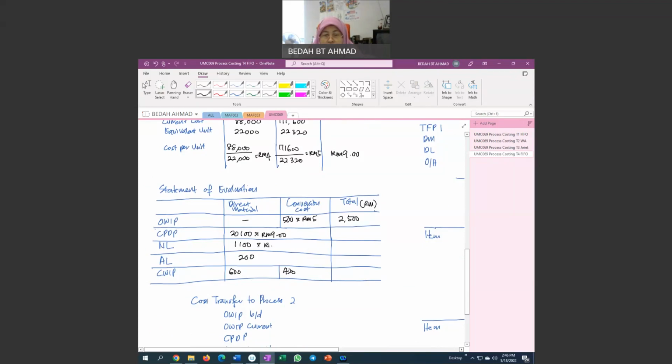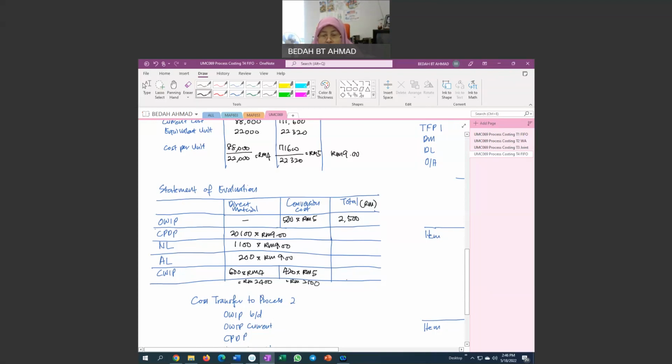Okay, for the CPDP, for the normal loss, for the abnormal loss, and for the closing work in progress, we take for the direct material RM 4, and for the conversion cost RM 5. So it is 2,004, and here is 2,001.